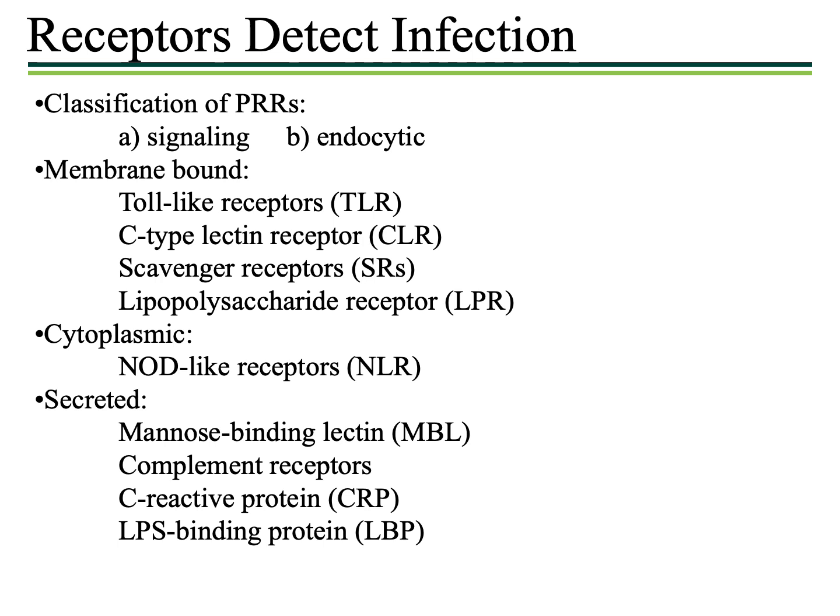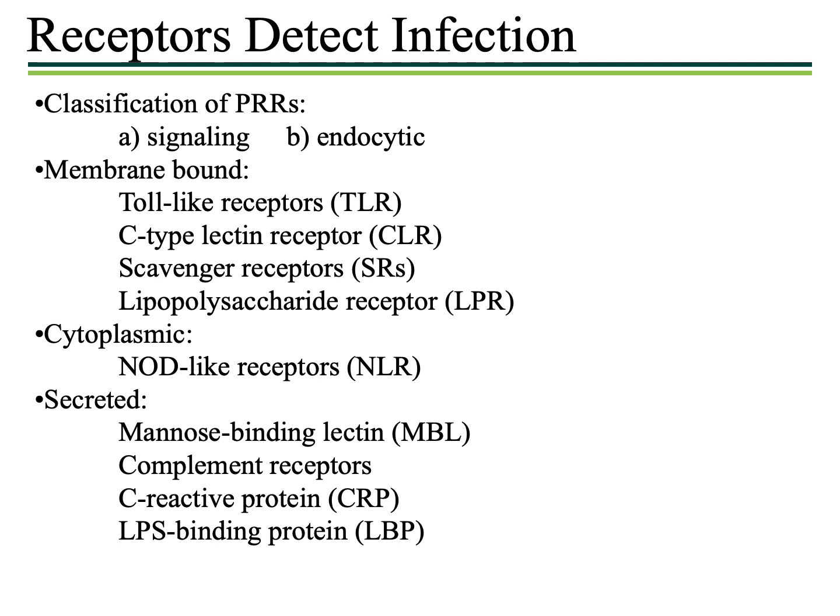Now, there are lots and lots of different types of PRRs that are found within a typical leukocyte. And because there are so many of them, oftentimes what we like to do is try to categorize or classify them in some way.